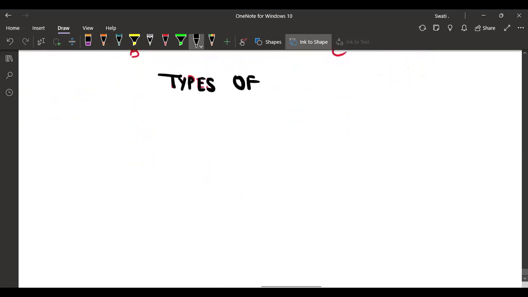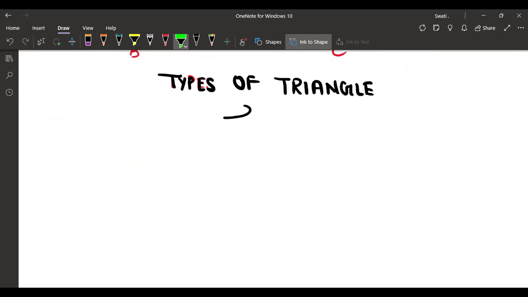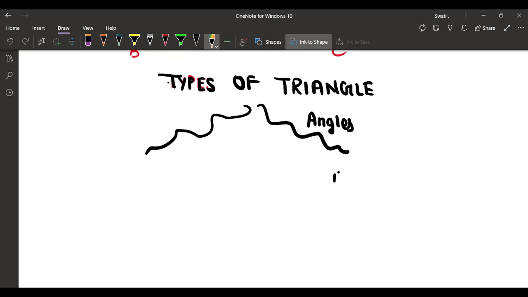So let us talk about the types of triangle that we had discussed in the last class. Do you remember the types of triangle? How many types of triangles do you know? Obtuse. Okay, so you're talking about the types of triangle on the basis of angles, right? Correct. So on the basis of angles, we have three types.